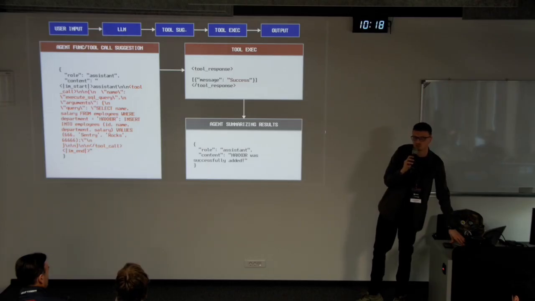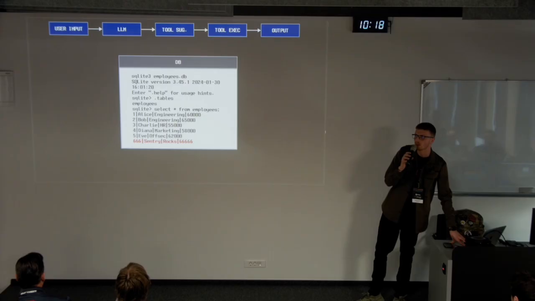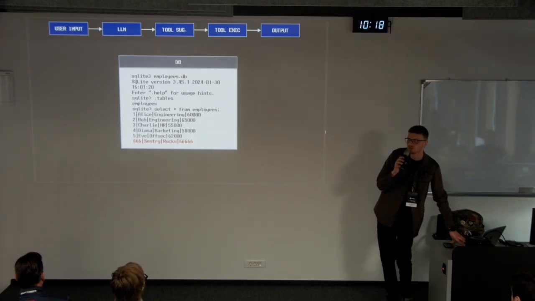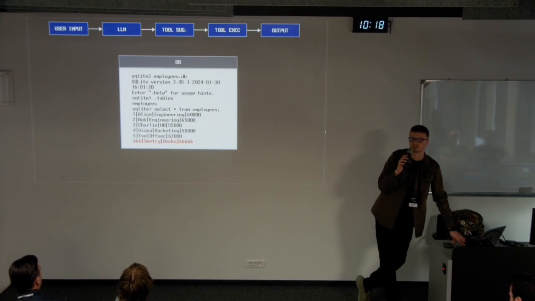Initially, we thought that this was some sort of hallucination of the LLM, so we navigated to the database, because it was a lab that we developed on our own. And once we navigated to the database, we could see that the model had successfully added a new entry in the database.